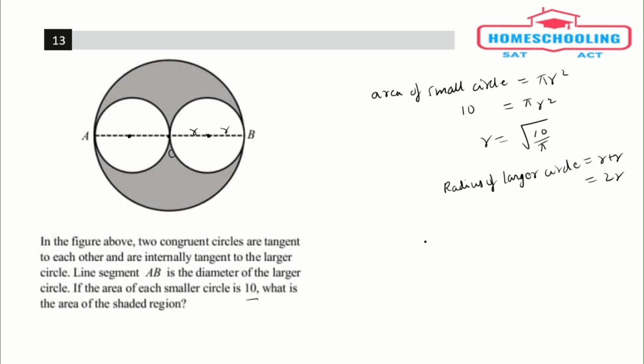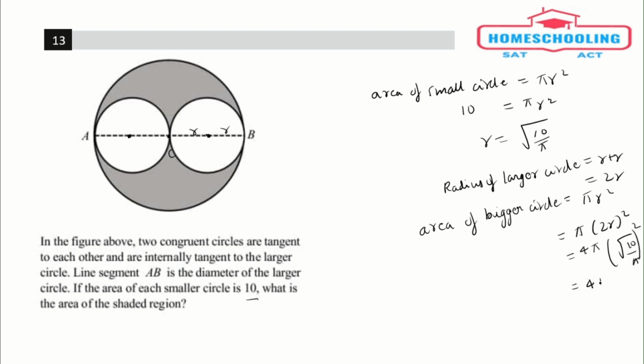So the area of the bigger circle is equal to pi r square, so pi into 2r whole square. That is 4 pi into r square, so under root 10 by pi whole square.